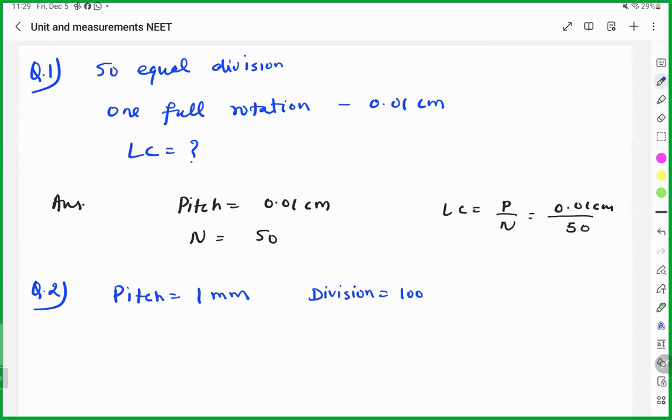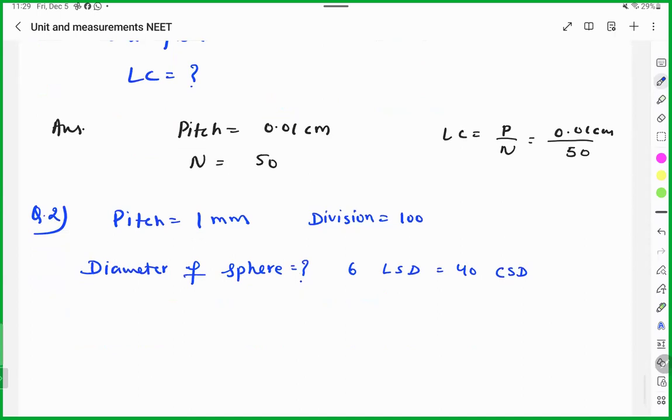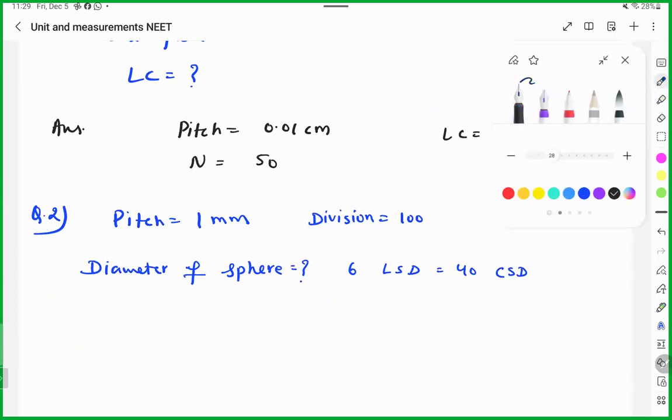When you measure the diameter of a sphere, there are 6 divisions on the linear scale and 40 divisions on the circular scale that coincide. Calculate the diameter.